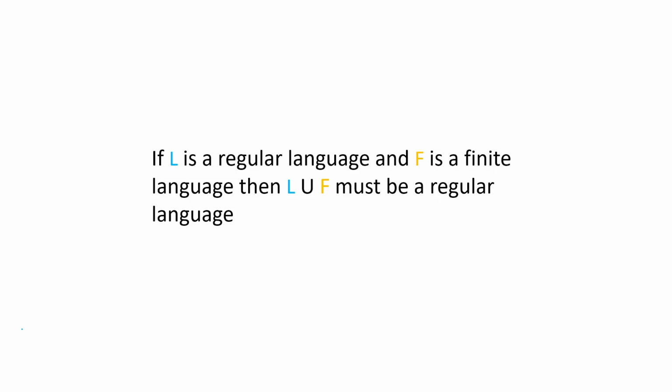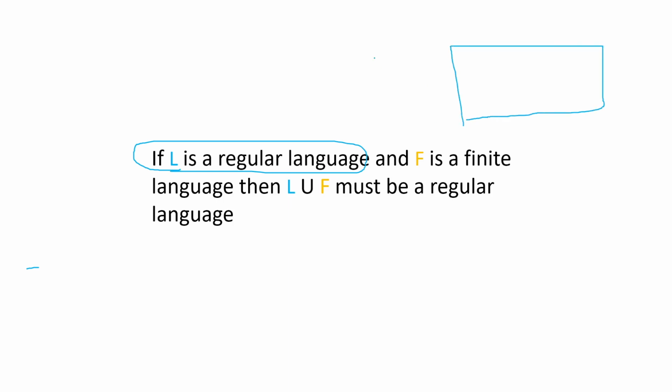All right, last one. If L is regular and F is finite, that means the union must be regular too. L is regular, so imagine L has some machine that generates it.